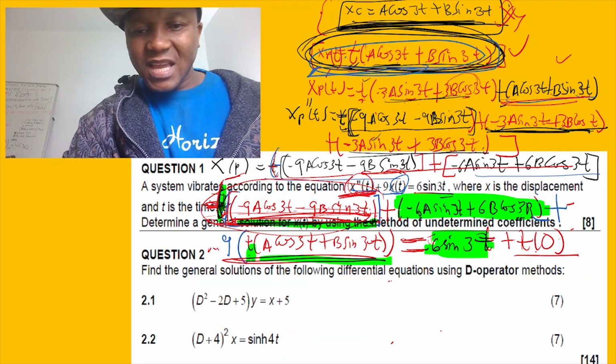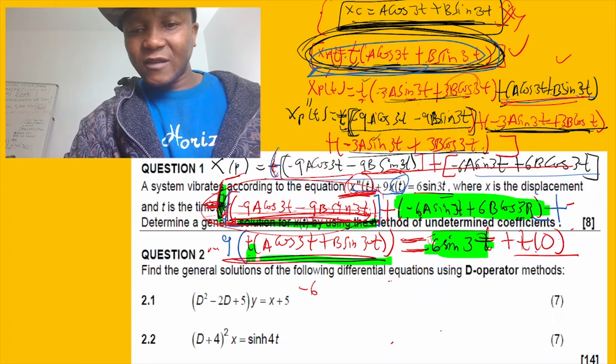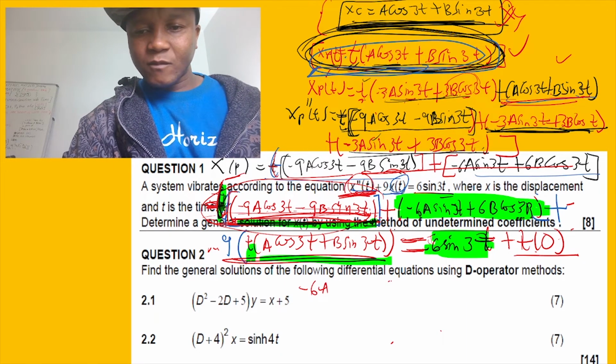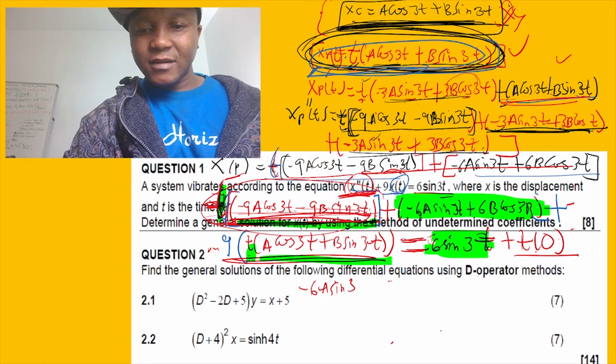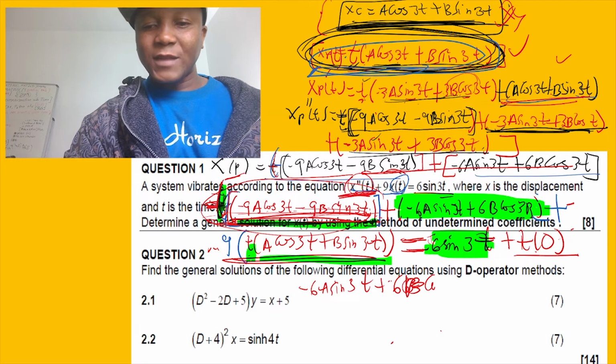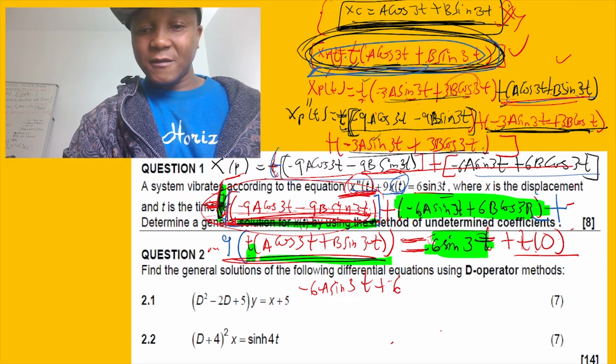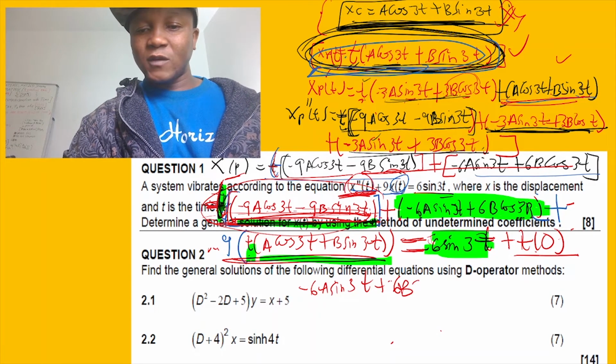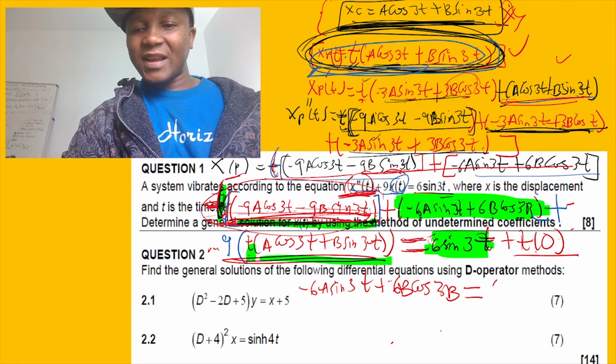So I'm going to say here negative 6a sine 3t plus 6b cos 3t on the left hand side, equal on the right hand side to just 6 sine 3t.